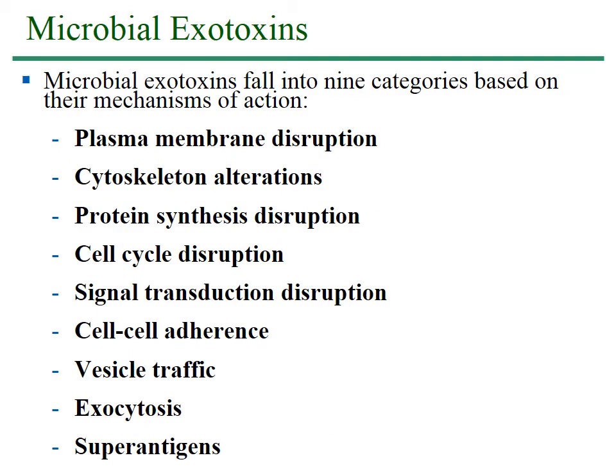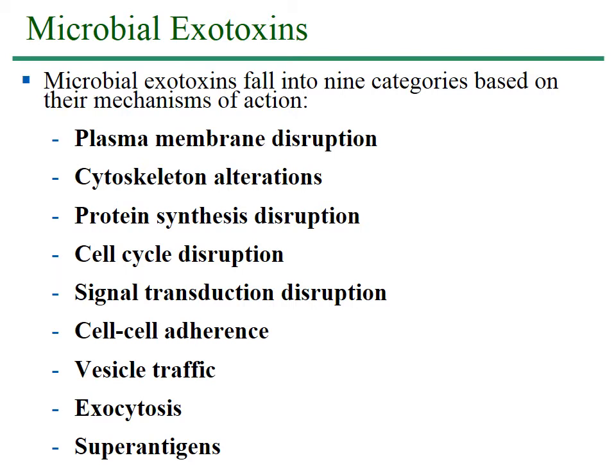So exotoxins, again, they're proteins, and proteins can have different effects on a cell. When we look at the mechanism of action, or how the exotoxin actually affects the host cell, there can be many different ways in which it can do so. As we can see from this list on this slide, we can have anything from plasma membrane disruption, very much like a detergent where it gets incorporated into the plasma membrane and then the cell can get lysed.